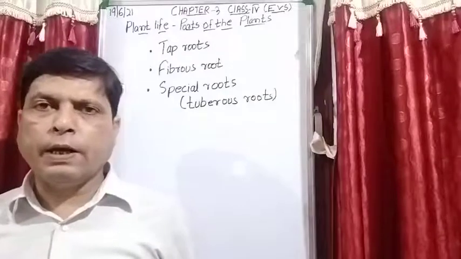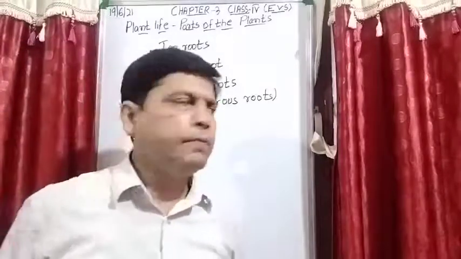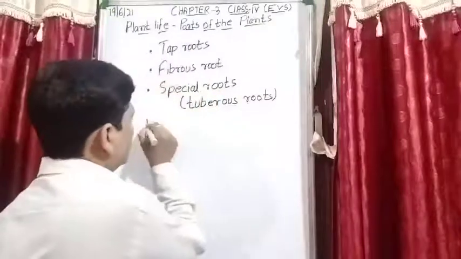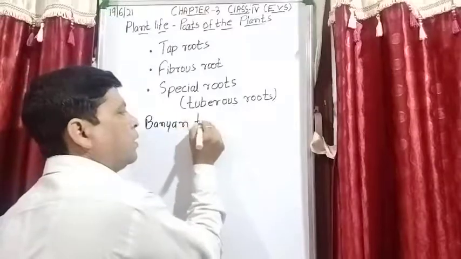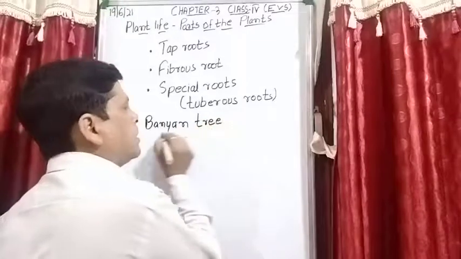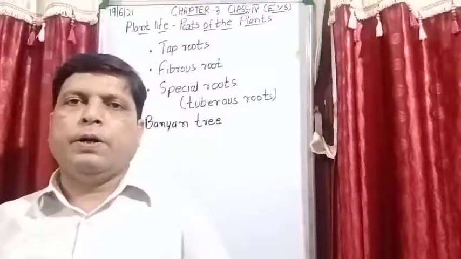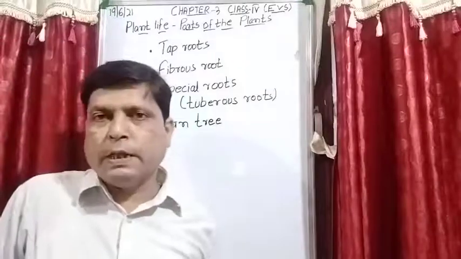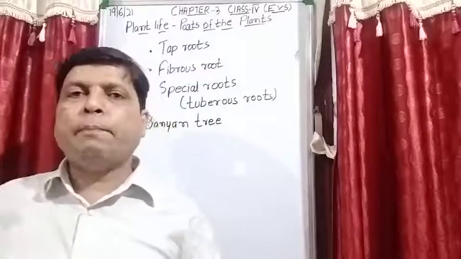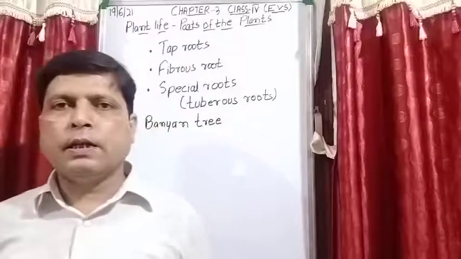Now students, some trees such as the banyan tree, बरगद का पेड़. So what is the speciality of the roots of this tree? From the branches, the roots move downward. Is it clear?